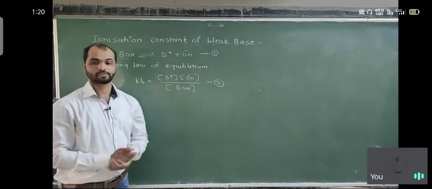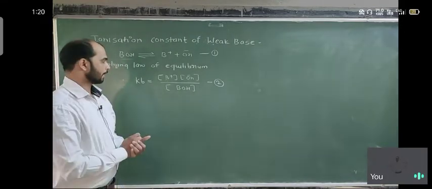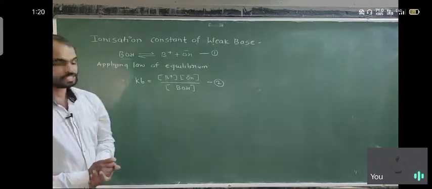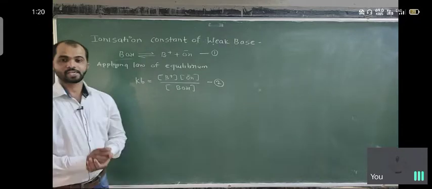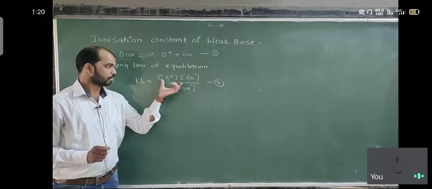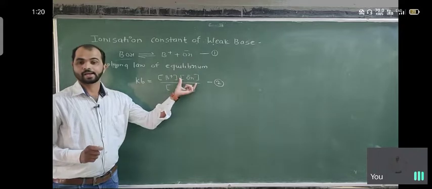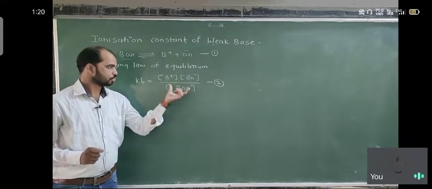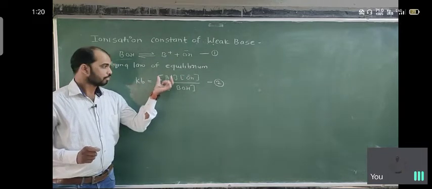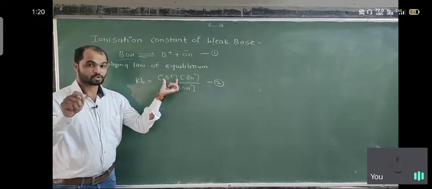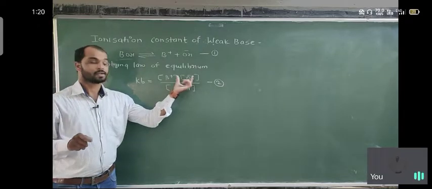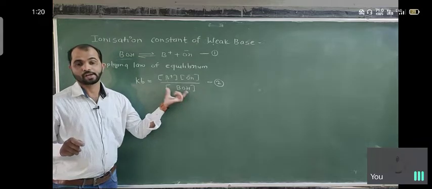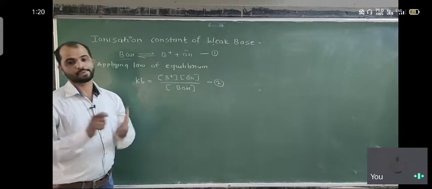Kb is the dissociation constant, which is the ratio of the molar concentrations of cation and anion divided by the molar concentration of the unionized species, that means BOH.